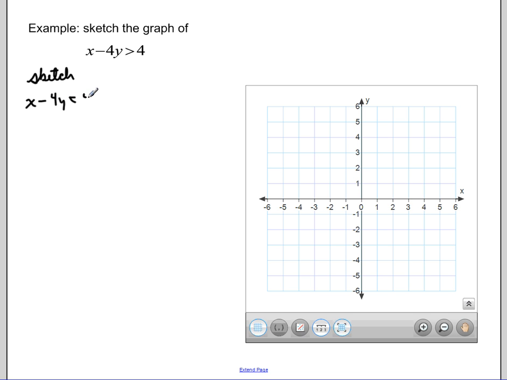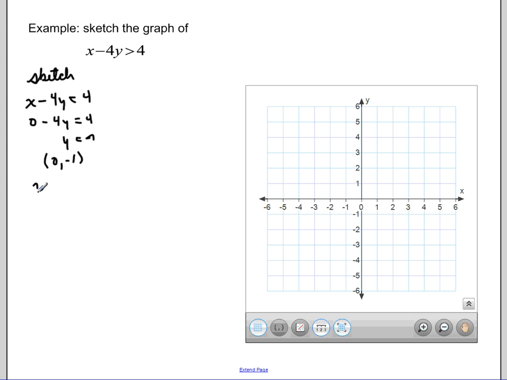Now how would that one look? Well, this is actually not a bad graph because if we put in 0 for x and solve for y, we're going to find that y equals -1, which is to say that we have a y-intercept at the point 0, -1.